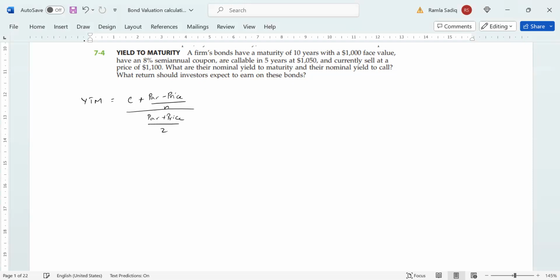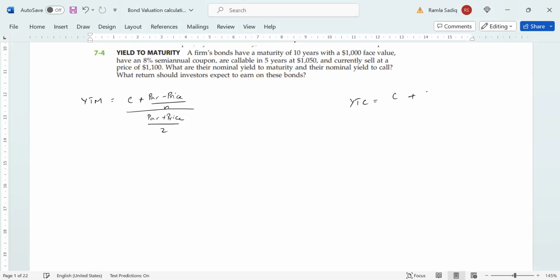What we're going to do is we're going to slightly modify this to calculate our yield to call. And so once again, for our yield to call, we do have our coupon payment. Instead of direct par, we're going to have our callable. We're not going to have our face value minus our price, but we're going to have our callable par, that's the par plus premium instead of our par value.